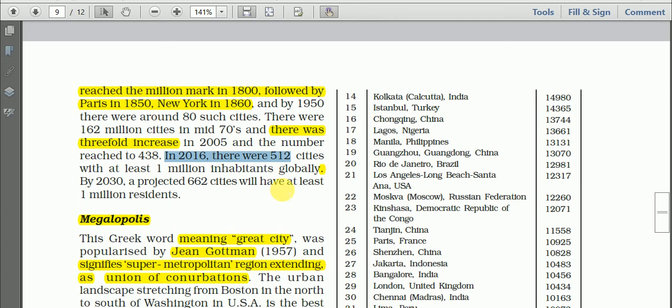So these are the important facts and figures regarding a million city.